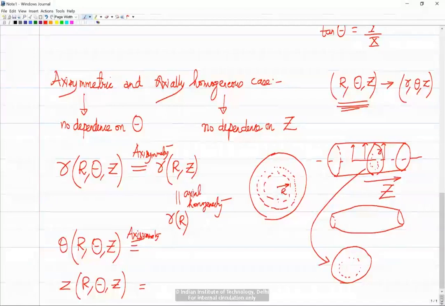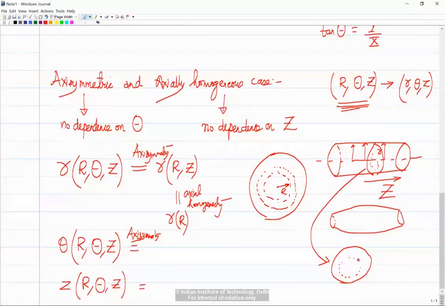If it becomes a function of big theta, then it's not going to be axisymmetric, right? Because what does axisymmetry mean? If you rotate the deformed cylinder about its axis, you see the same thing. It will feel like you have the same deformation.